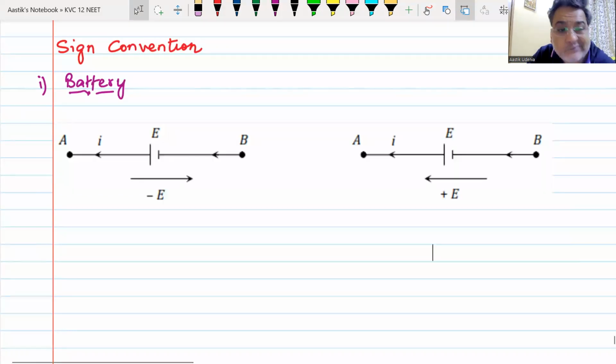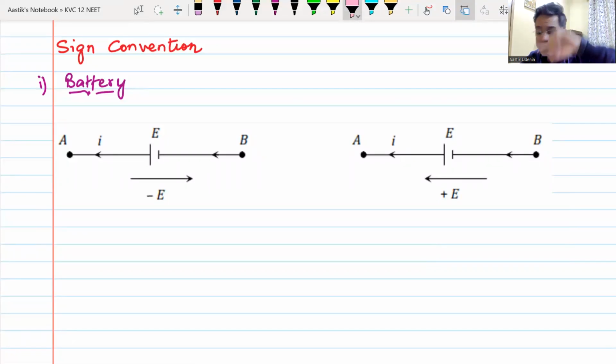So, let us suppose that you are moving from point A to point B across a battery. Current may flow in any direction, that doesn't matter.